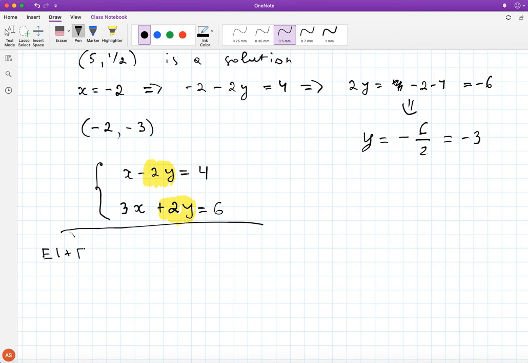E1 plus E2 indicates an operation that I'm performing on these equations. I'm adding equation 1 to equation 2. I add the left-hand sides of these two equations together, and I get 4x. And I add the right-hand sides of these two equations, 4 plus 6, that gives me 10.